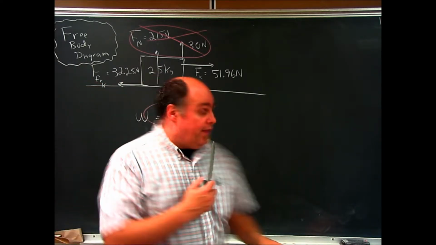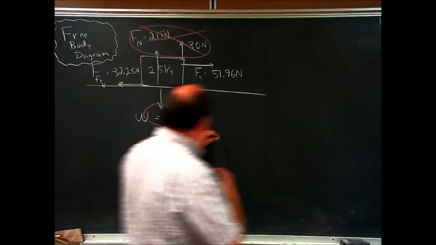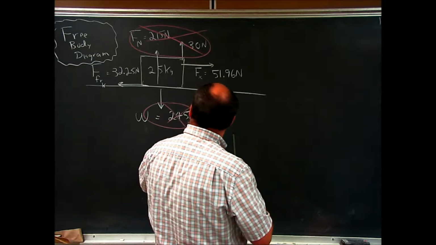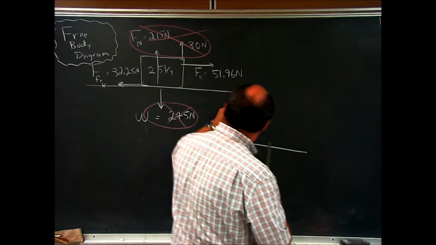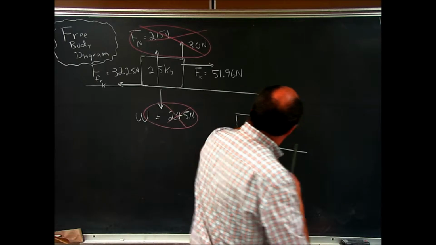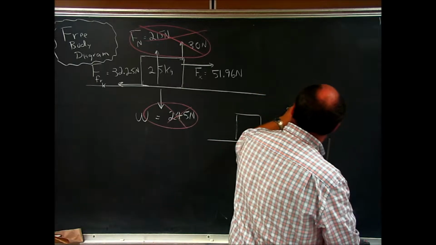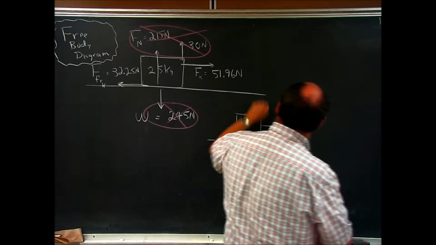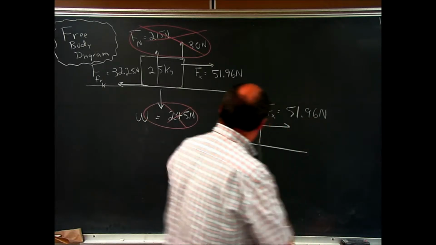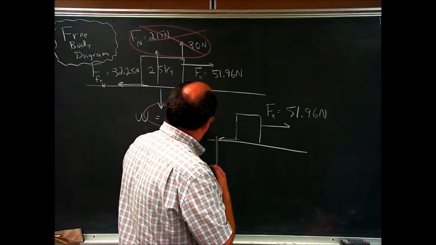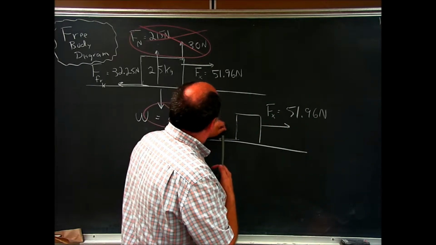I could redraw that, and I could say I have a simpler free body diagram, and with my simpler free body diagram, I could say I have a force going to the right of 51.96 newtons, and that would be my force in the x direction, and I have a force going to the left of friction, and that would be my 32.25 newtons.